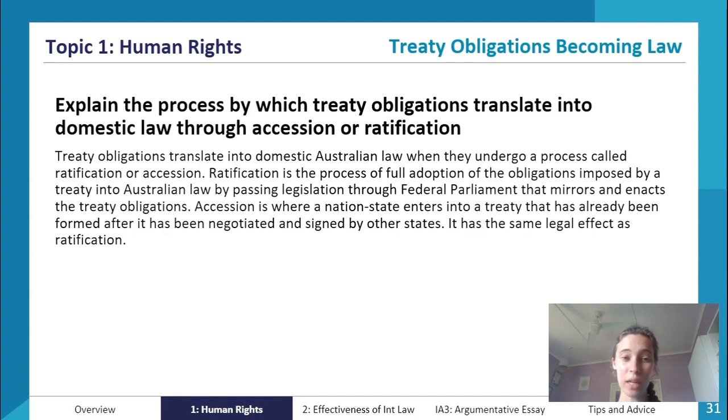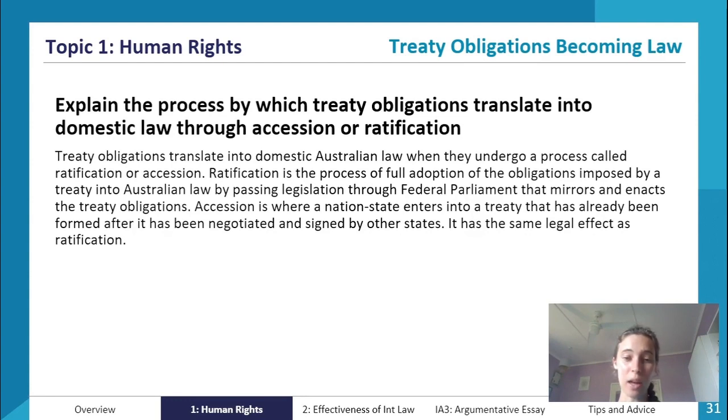So this one, we need to explain the process by which the treaty obligations translate into domestic law through accession or ratification. So ratification, we've already covered: the full adoption of the obligations imposed by the treaties. Accession is something that we haven't spoken about yet.